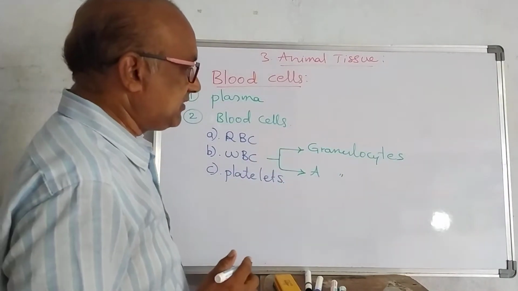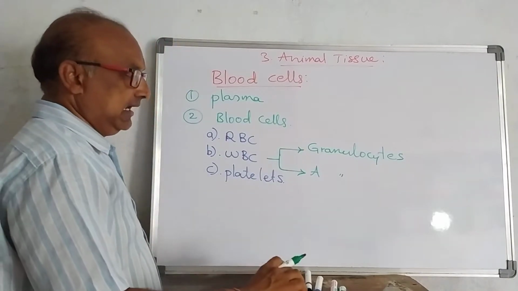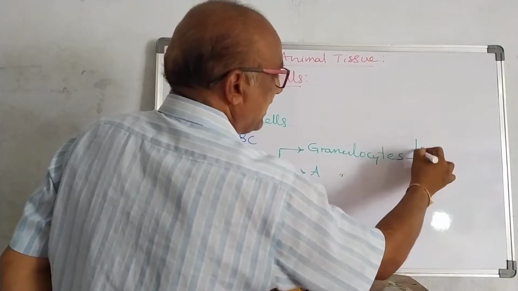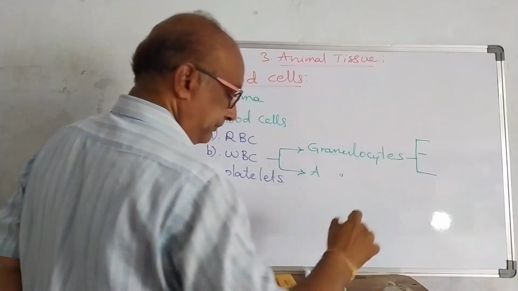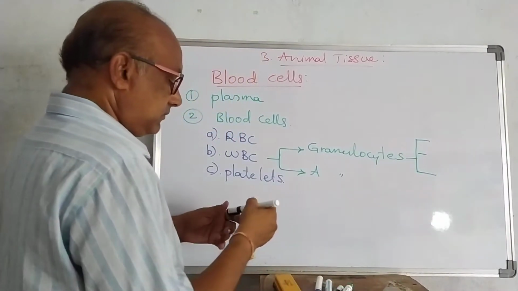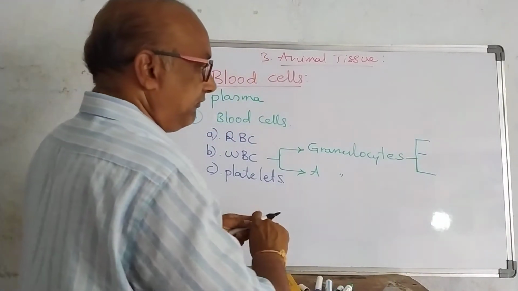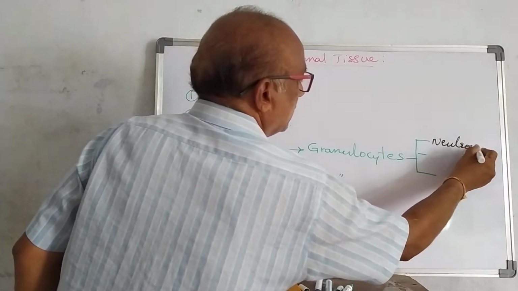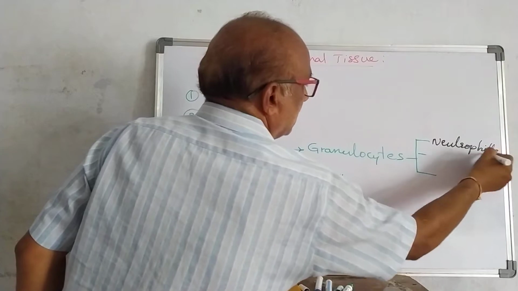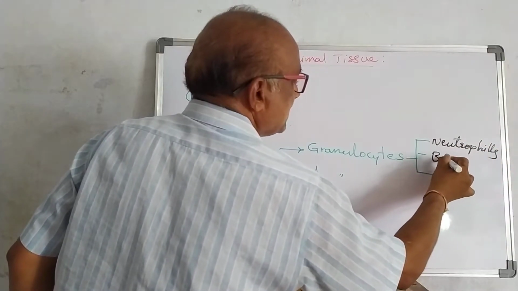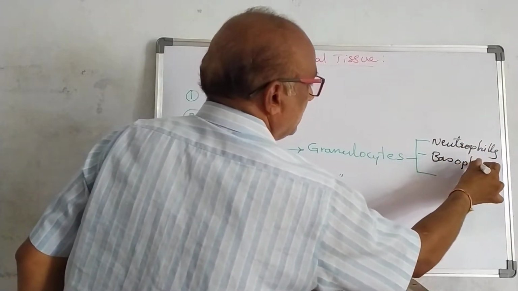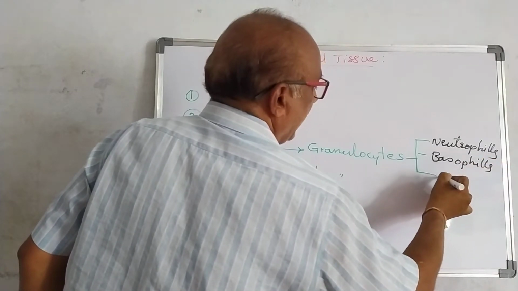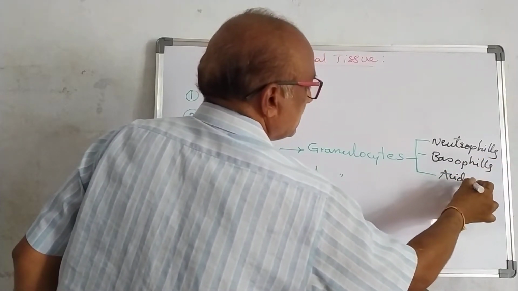Let us take the first one, granulocytes. In granulocytes again there are three types: neutrophils, basophils, and acidophils.